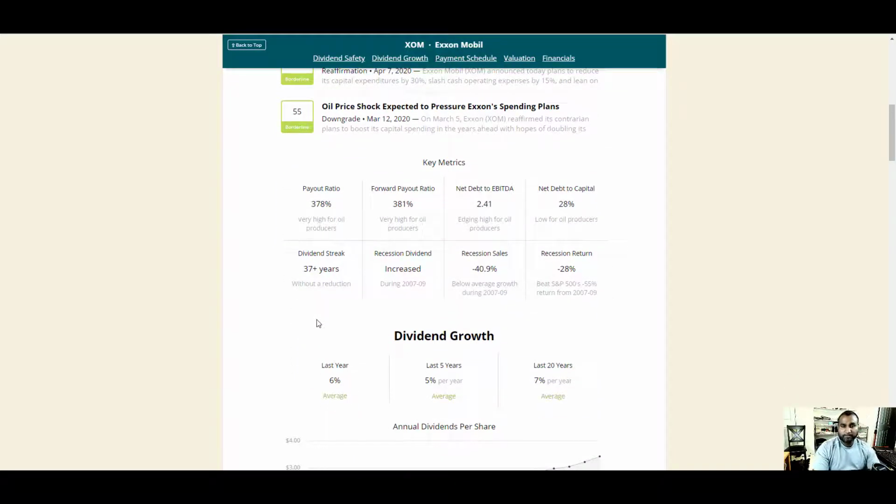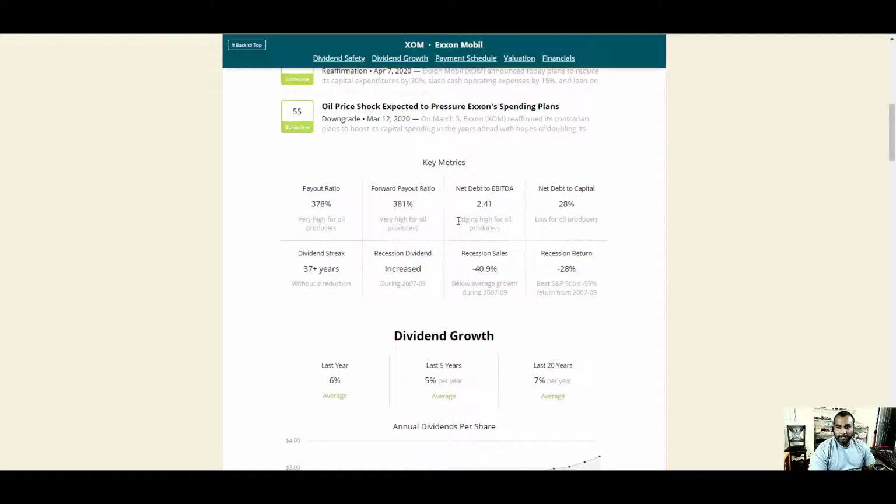Payout ratio. Right now, their payout ratio is 378%. Very high for an oil producer. Literally, they're telling you right here. You don't need to go look at somebody else. Analysts and people who do this for a living are telling you, look, this is very high. Forward PE ratio, this is very high for an oil producer again, 381%.